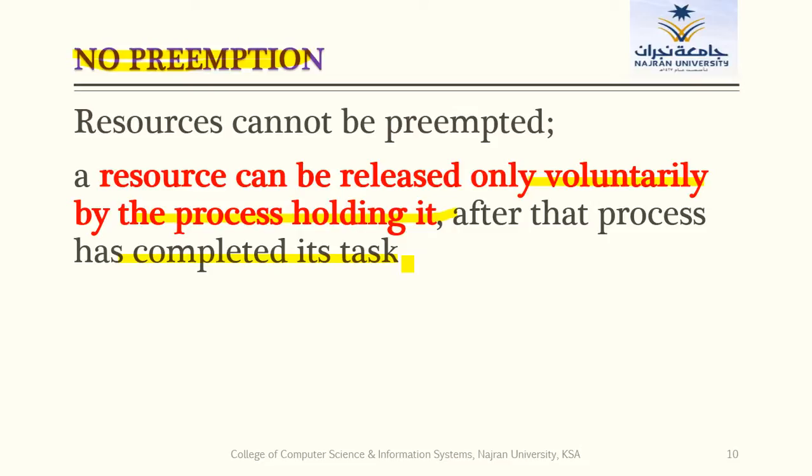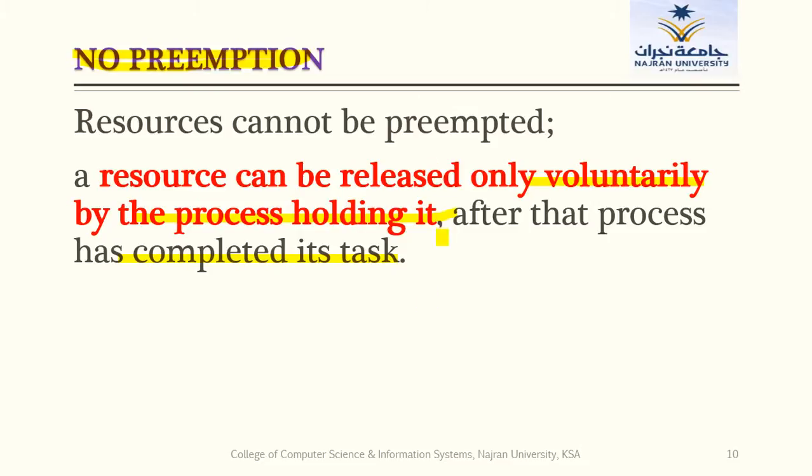If you remember, in multitasking we have two ways, preemptive and cooperative. With the preemptive approach, if the time slice is expired, then we interrupt the system, take the resource back and give it to the other process who is waiting for that resource.